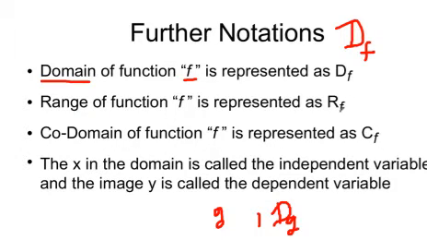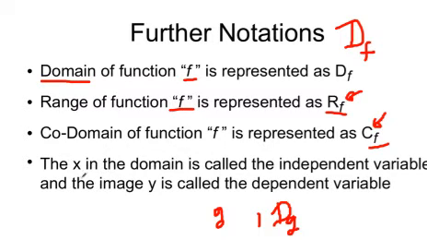Same goes for the range. You know what the range is. Range is the output you get, right? And the codomain is written as C f. Codomain is all the possible outcomes, but R f is the outcome you get under this operation of f.